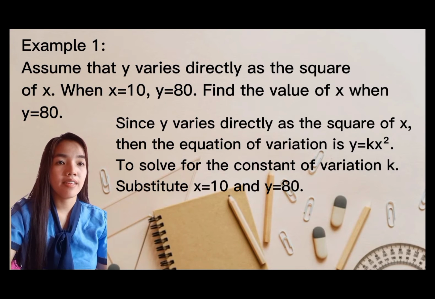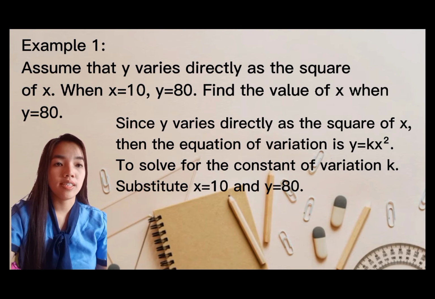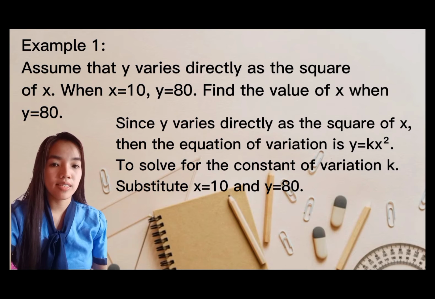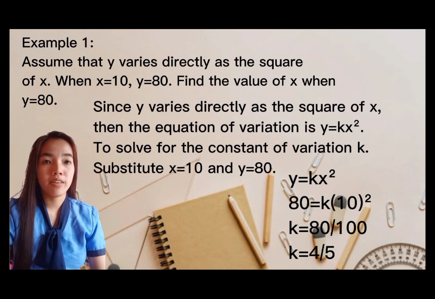Since y varies directly as the square of x, then the equation of variation is y is equal to kx squared. To solve for the constant of variation k, substitute x is equal to 10 and y is equal to 80. So the formula that we need to use in this equation is y is equal to kx squared.